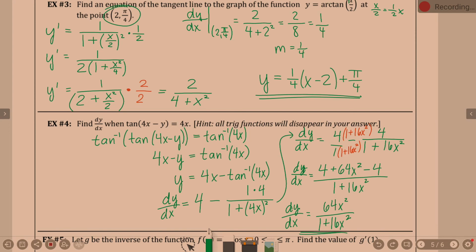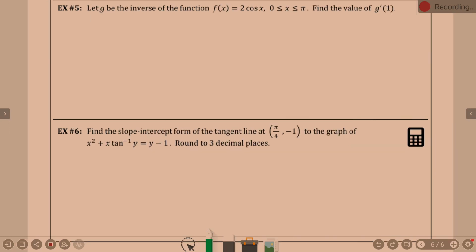Okay, moving along, 2 more, right? Let g be the inverse of the function f on the interval 0 to pi. Find the value of g prime of 1. What are we doing here? Derivative of the inverse, right? Because what is g?